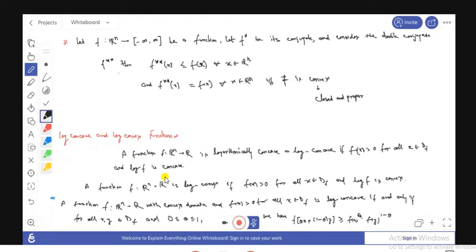Okay, this is to the power theta and this 1 minus theta. So this is said to be a log concave function.